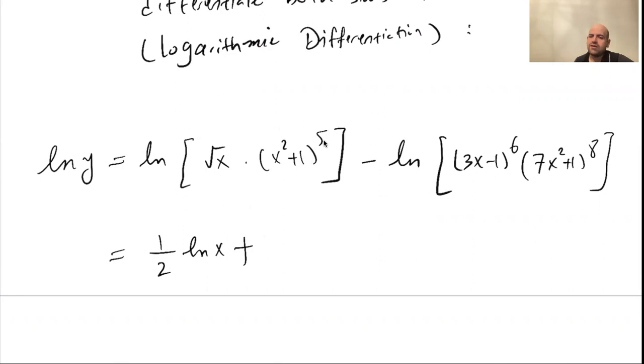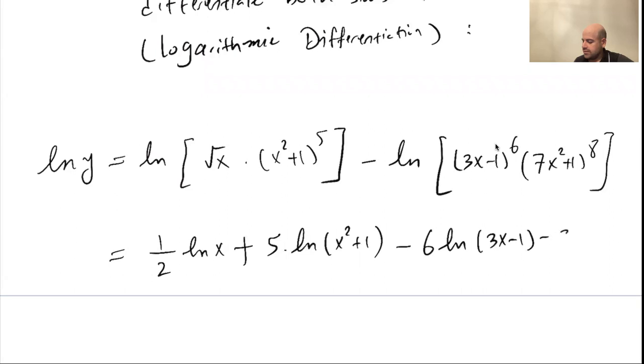The power is 5, so I can take the power 5 out. So plus 5 times ln of x squared plus 1, right? And then again, ln of first plus ln of second, each one has a power, and the power can be taken out. So minus 6 times ln of 3x minus 1, minus 8 times ln of 7x squared plus 1.